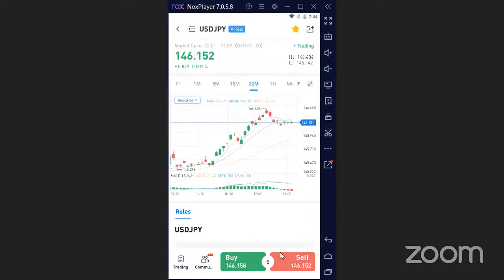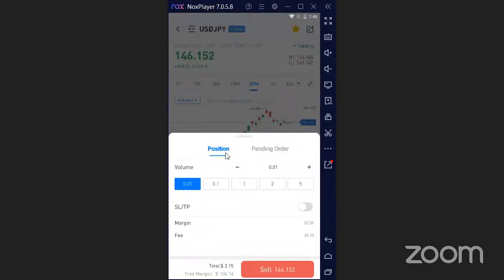Now look at this. It says position. Under this position, we have what we call volume. This volume is the amount you want to risk, the amount you want your account to take.